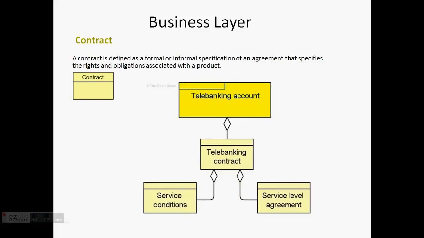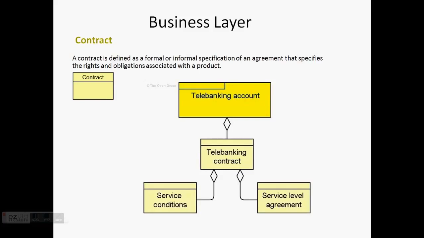And finally, the last entity we will talk about is the contract. Simply put, the contract concept may be used to model a contract in the real-world sense, but also a more informal agreement associated with a product.